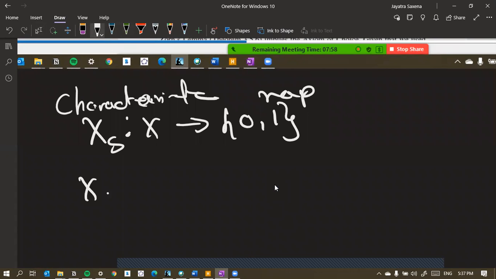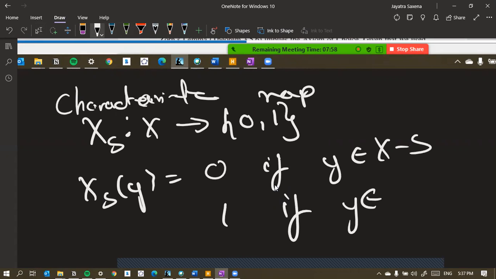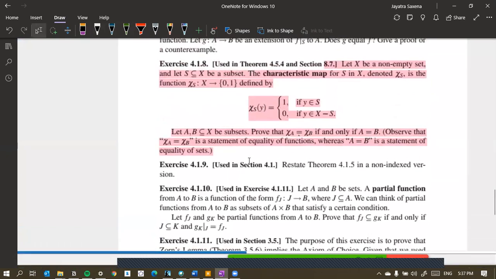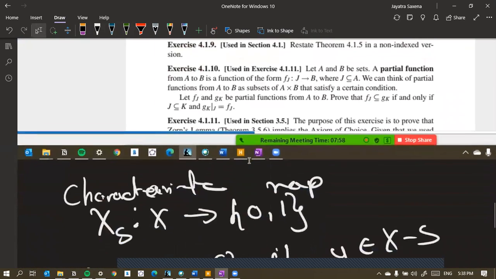X_S of y is equal to 0 if y belongs to X minus S, and 1 if y belongs to S. So this basically tells you whether an element is in the set or not.